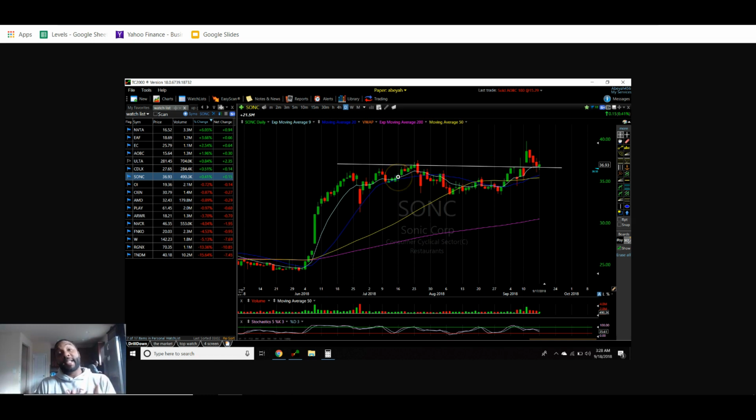It's retesting that old support level. It's also showing us the theory about old support becoming new resistance and old resistance becoming new support. So if this acted as resistance before, and then when price broke above it, now it's acting as support for price. That is the general rule of thumb.